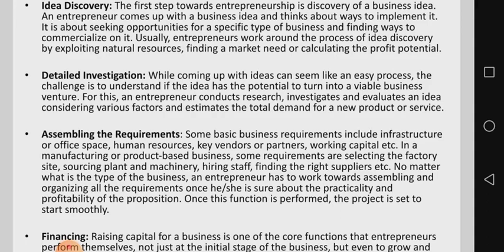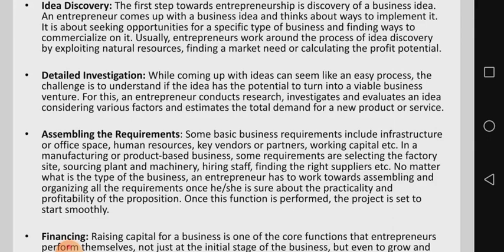Some basic business requirements include the infrastructure or office space, human resources, key vendors or partners, working capital, etc. In a manufacturing or product-based business, some requirements are selecting the factory site, sourcing plant and machinery, hiring staff, finding the right suppliers, etc. No matter what the type of business is, an entrepreneur has to work towards assembling and organizing all the requirements once he or she is sure about the practicality and profitability of the proposition.